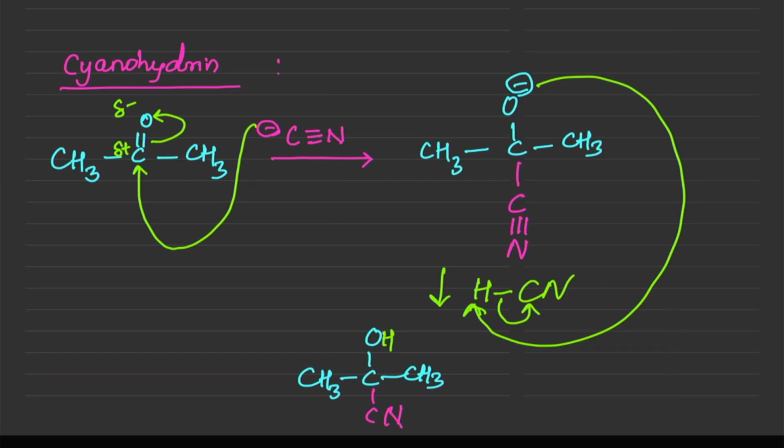And one of the byproducts would be CN minus. That CN minus can be recycled for the next step of the reaction. So that's why you need just a catalytic amount of base to make these reactions move forward.